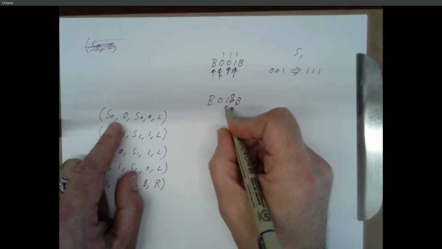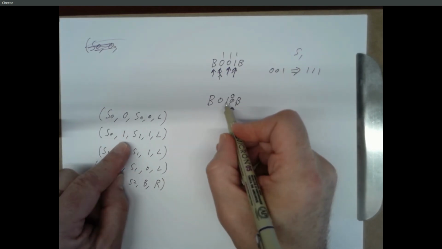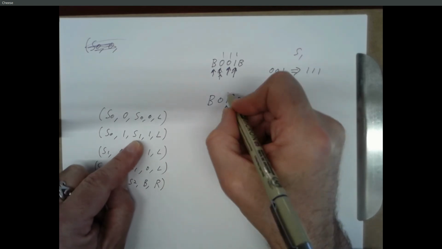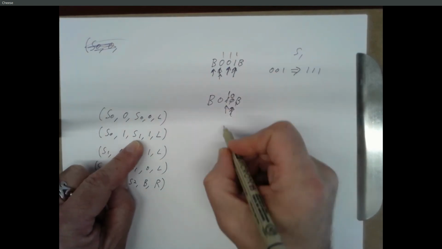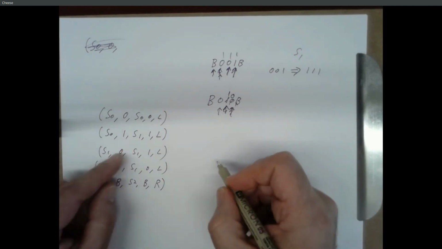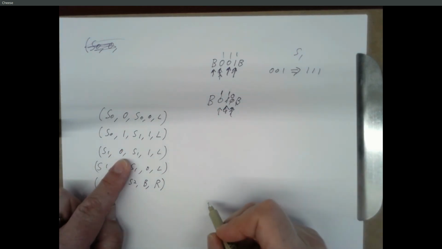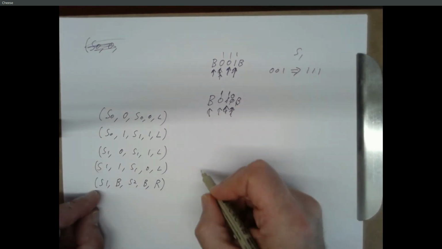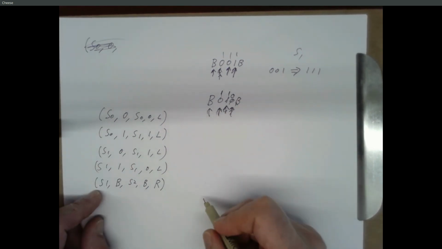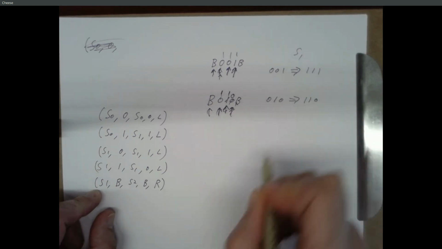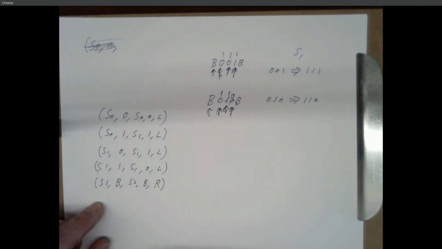And we're going to stay in S0. S0 and a 1. We're going to move to S1. We're going to write a 1. And we're going to go left. S1 and a 0. We're going to write a 1. And then we're going to move left. And then it's going to find the blank, move right, and halt. So 010 is going to go to 110. Oh, I started in S1. Oh, okay.